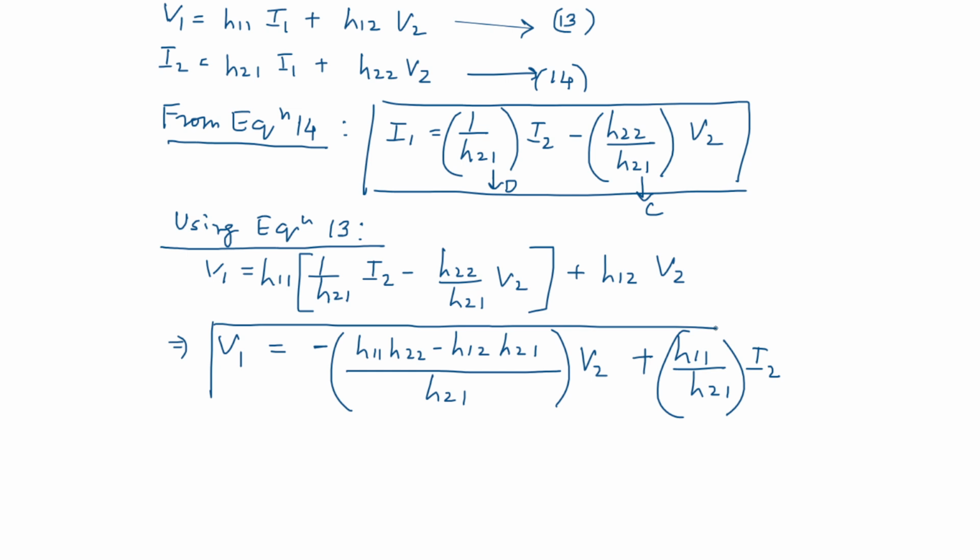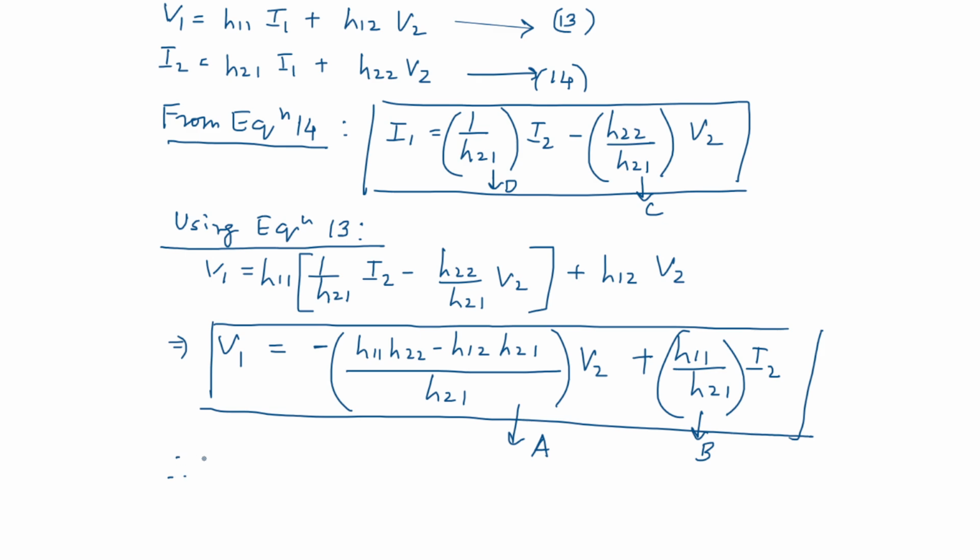from which we can understand, if you compare, V1 is equal to A V2, so this must be A, and B I2, so this must be B. So if you compare with this, your A must be equal to minus delta H by H21. What is delta H? Delta H is equal to H11 H22 minus H12 H21.